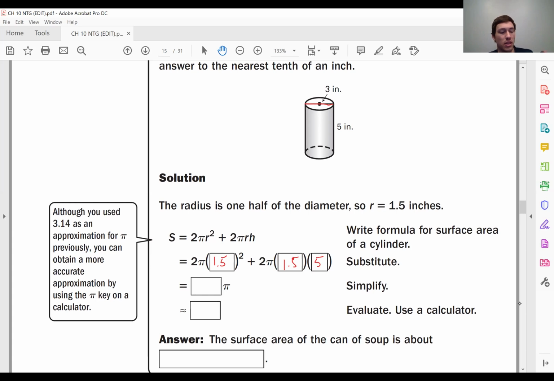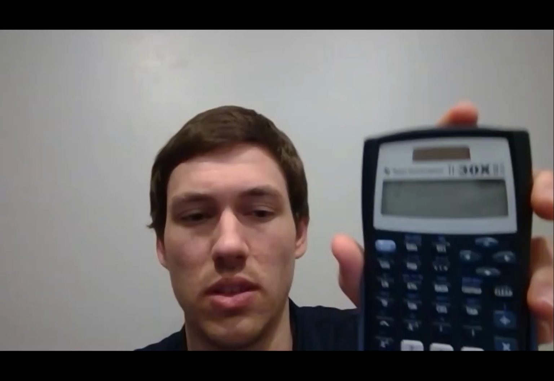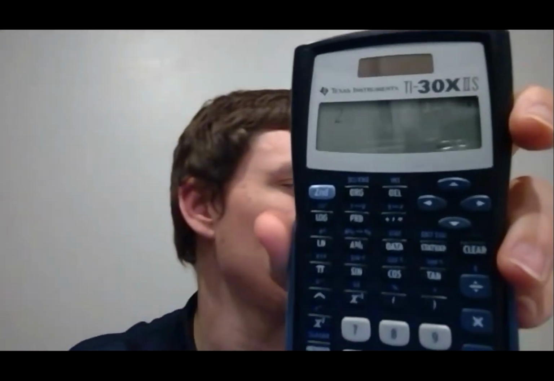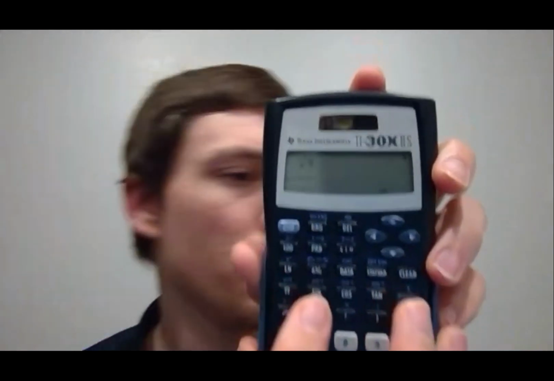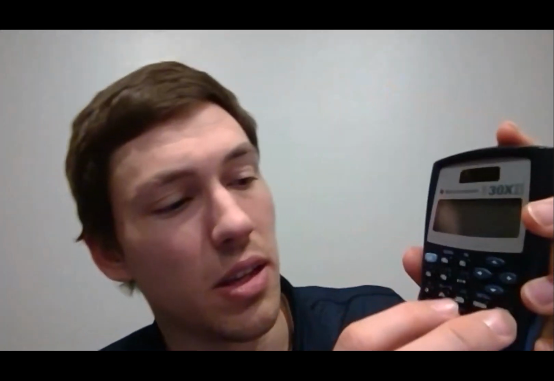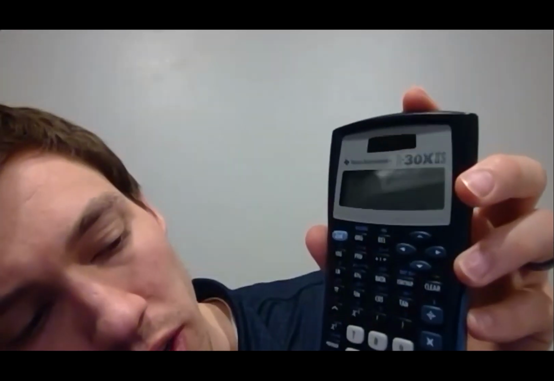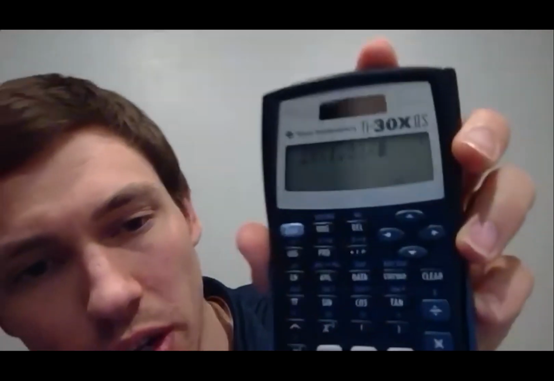And the nice thing is you guys can just plug this all into your calculator. In fact, so you can see it a little better, I'm going to go 2 times pi, which is right here, times 1.5 squared.